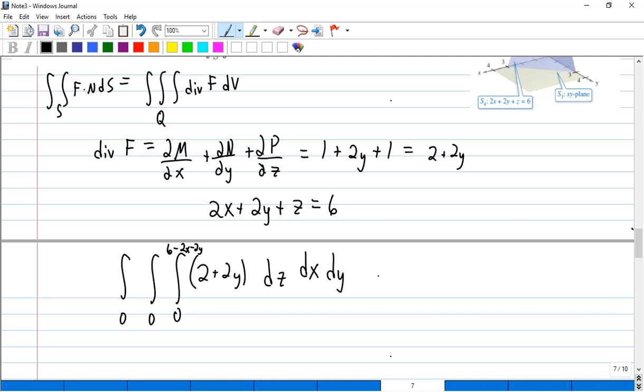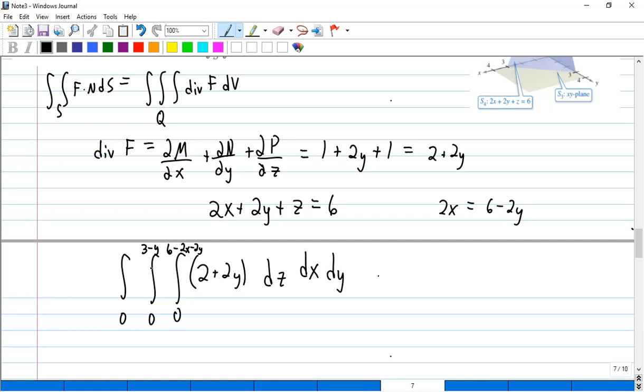Okay. Now what do I do? Now I let z equal 0. Now I need to get the x boundaries. My z is bound between 0 and this. My x is bound, well, I get rid of the z, and now solve for x, and you'll have the boundaries for x. So we have 2x equals 6 minus 2y, or if you divide by 2, you get 3 minus y.